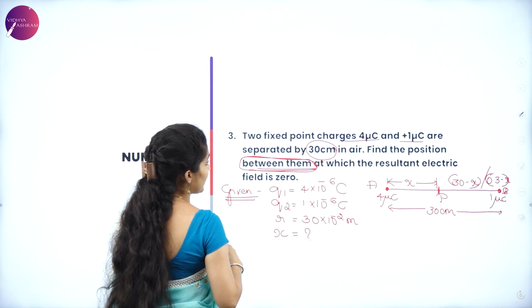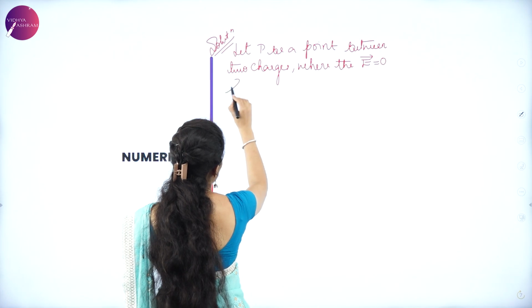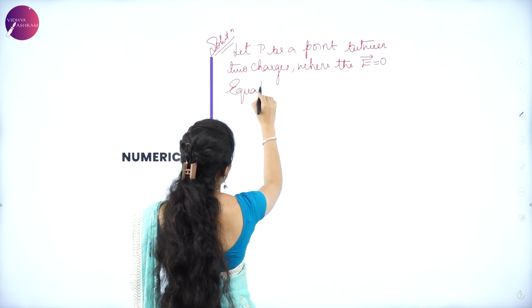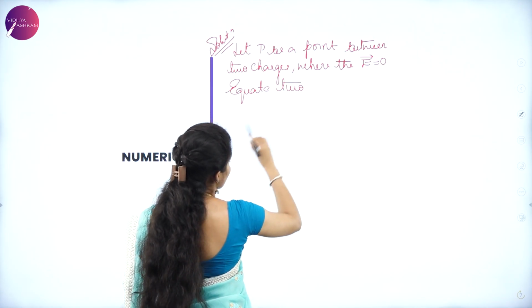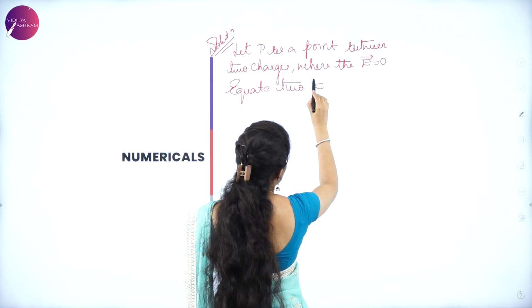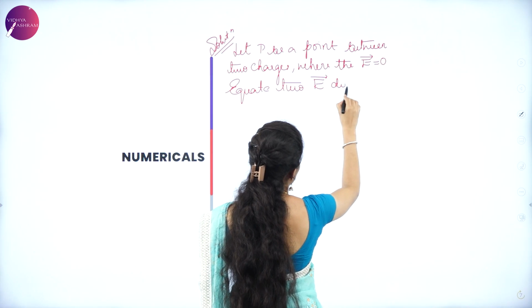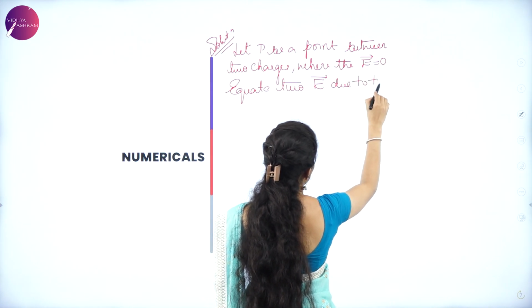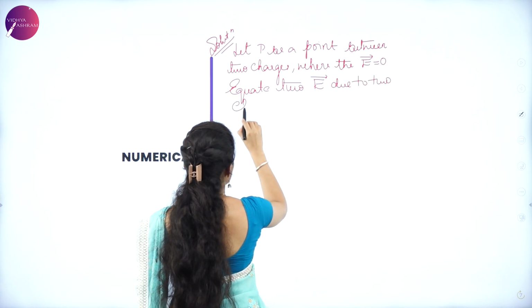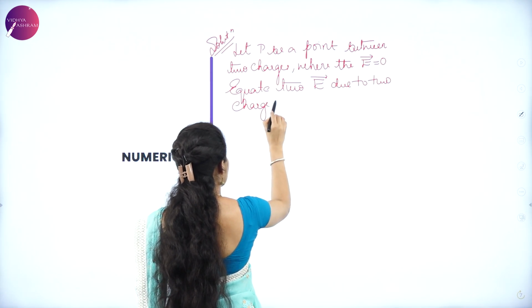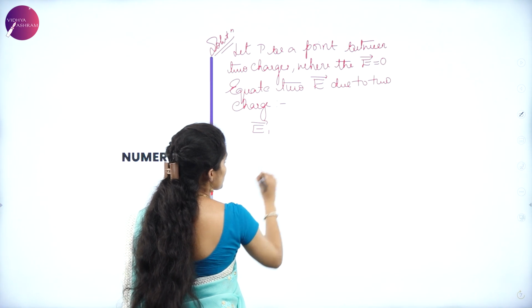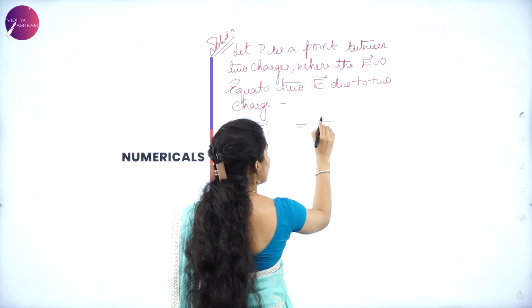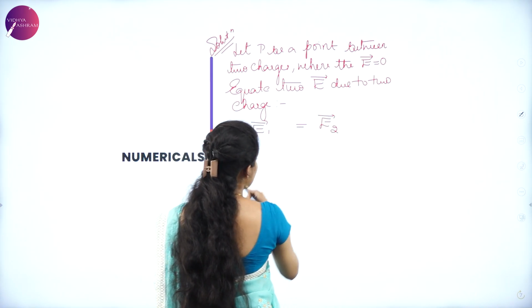So now we can write this equation as, equate the electric field due to two charges, given as E from the first charge is equal to electric field E due to the second charge.